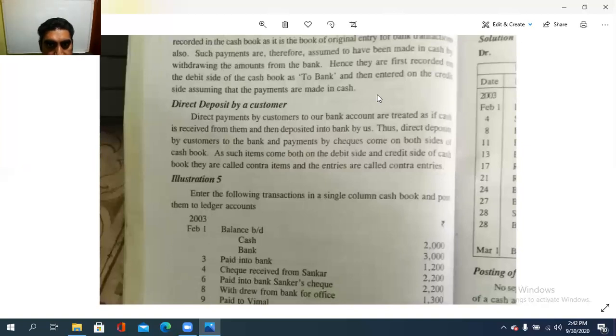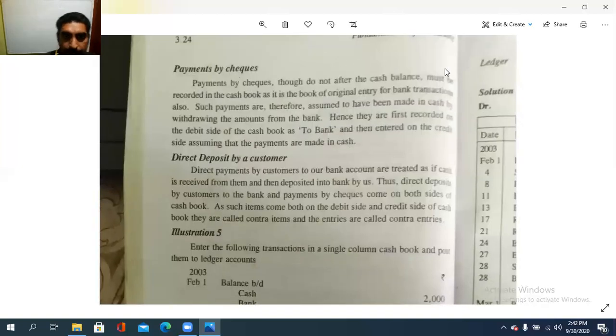Then payment by check. So you are familiar now with the single column cash book. Means on the debit side there is which column? Receipt column, and on the credit side there is payment column. And just do as it is for entering the transaction.